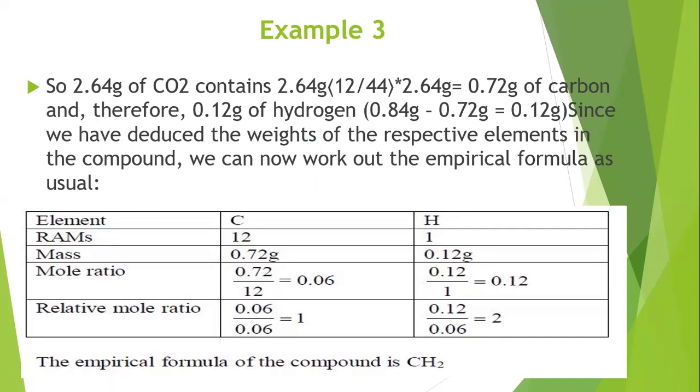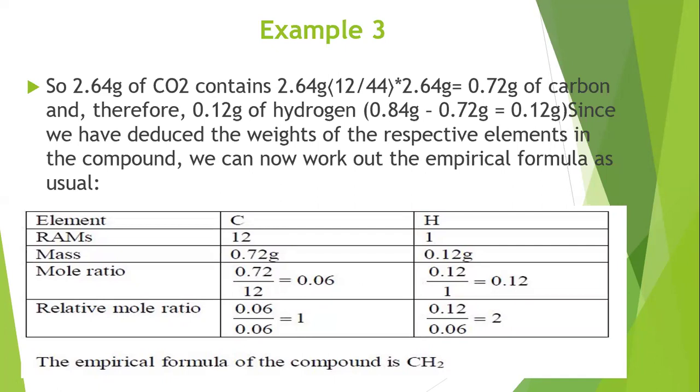Mole ratio: you divide the given mass by the relative atomic masses. So 0.72, you divide by 12, for the carbon you get 0.06, and for the hydrogen, you take 0.12, you divide by 1, you get the value 0.12.